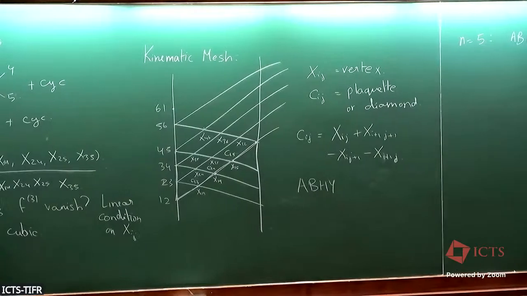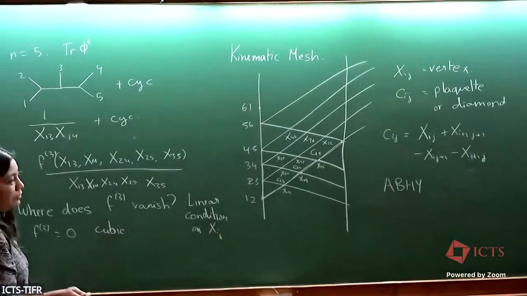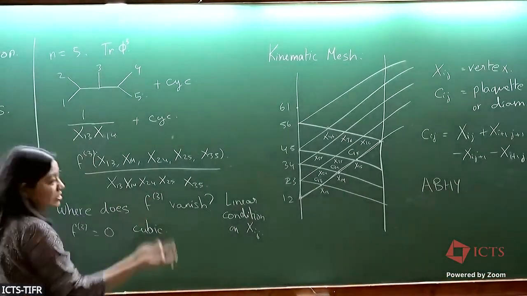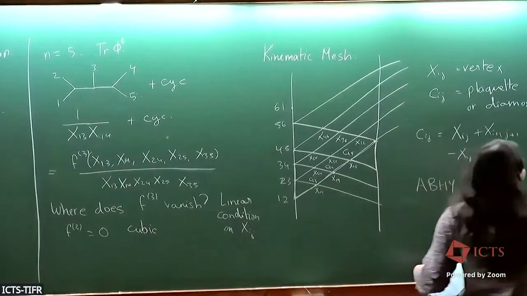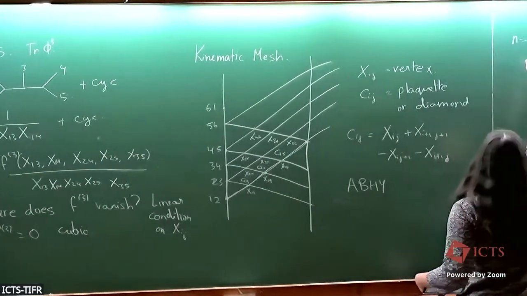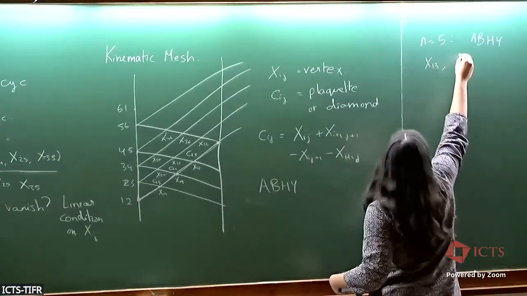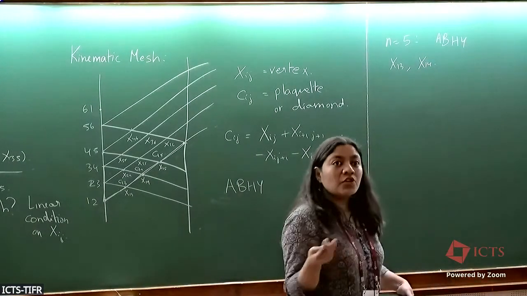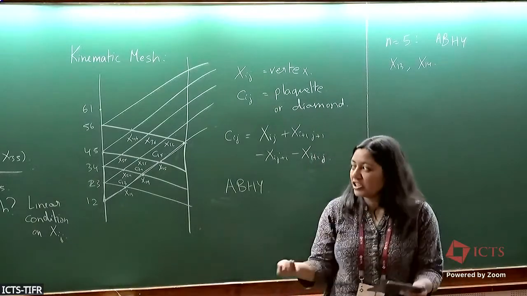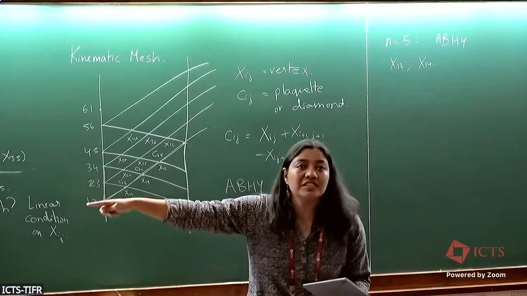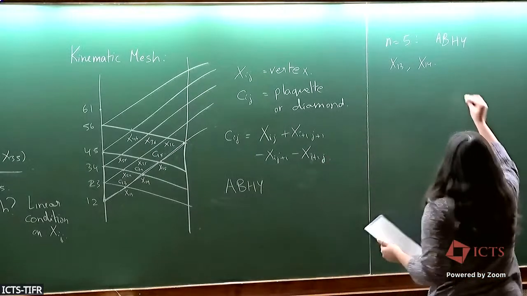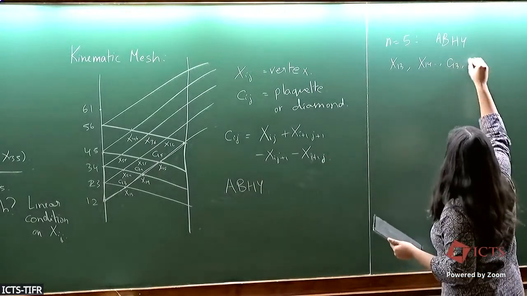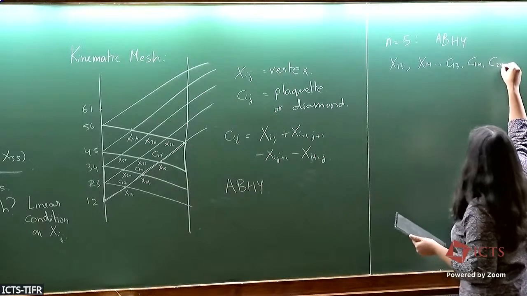So the number of poles is the number of boundaries, it's the number of dimensions. So you want to choose two of your x's. So let's choose x13 and x14. Okay. And because this is not a basis, you have to additionally add 3 parameters, which are your c's. Okay. So for us, that's going to be c13, c14, c24.